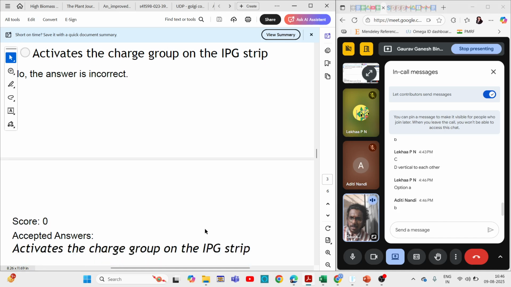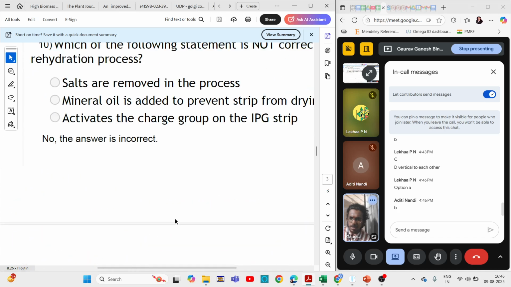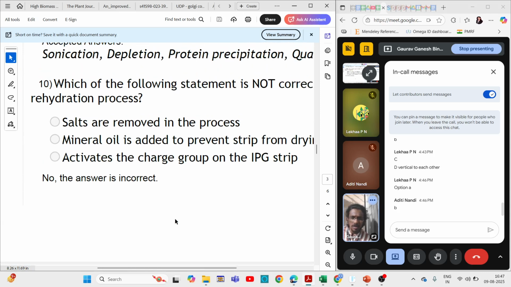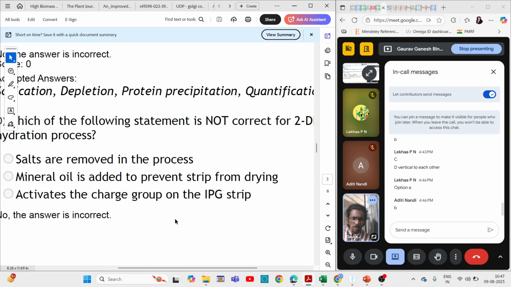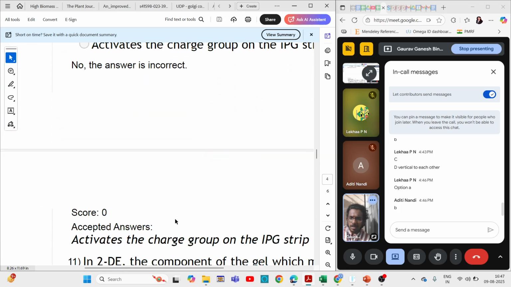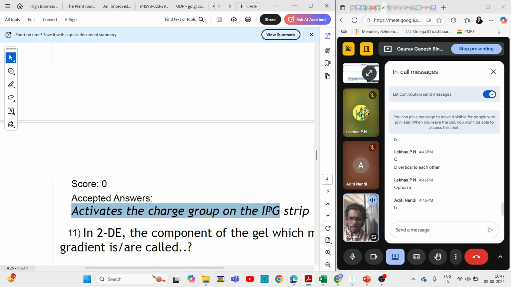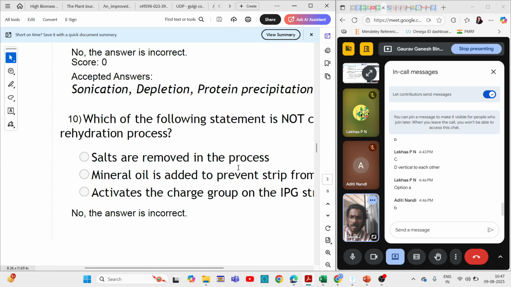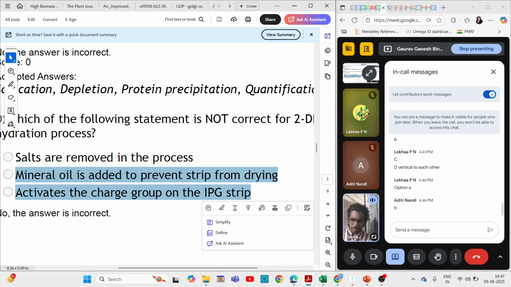It doesn't activate the charge group on the IPG strips. Option A, B. I think this answer is wrong here. Activates the charge. The answer should be A because these are the two things which happen while we do the rehydration process.